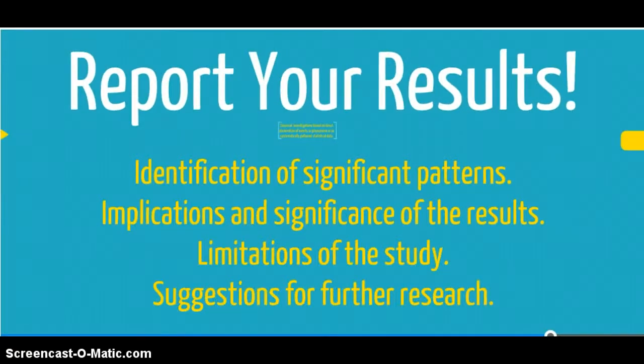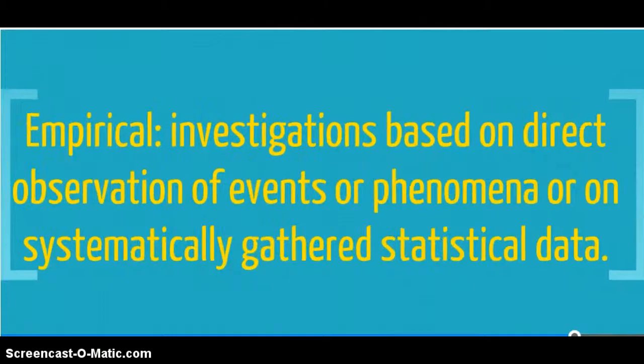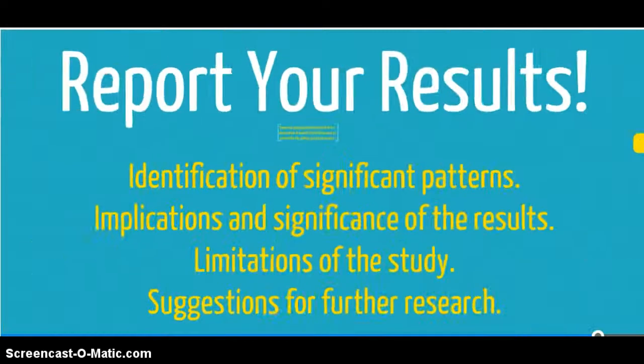When reporting your results, the text of most reports is made up of 4 conventional features. This type of reported information is considered empirical, which means it's information that comes from investigations based on direct observation of events or phenomena or on systematically gathered statistical data.